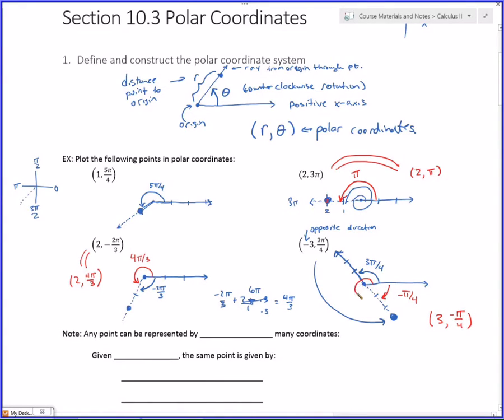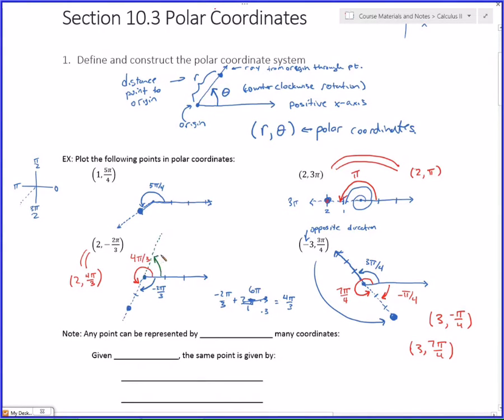Or I could go all the way around here, which turns out to be 7 pi over 4. So it could also be a positive 3, 7 pi over 4. So notice on this, I could just keep going around full rotations. I can also go around half a rotation and then make my r negative to go back the other way. So I'm going to switch the color one more time, to green now. On this one right here, what if I went up this way?